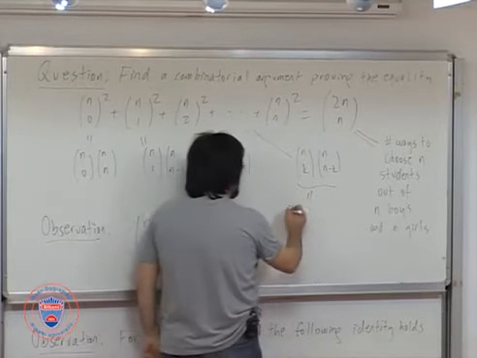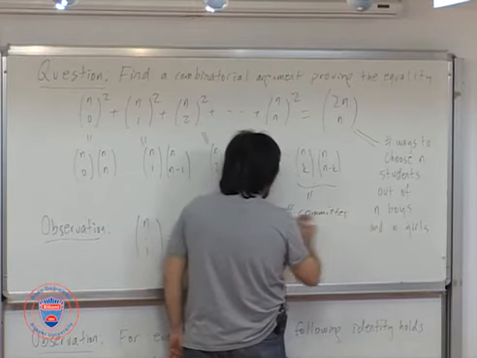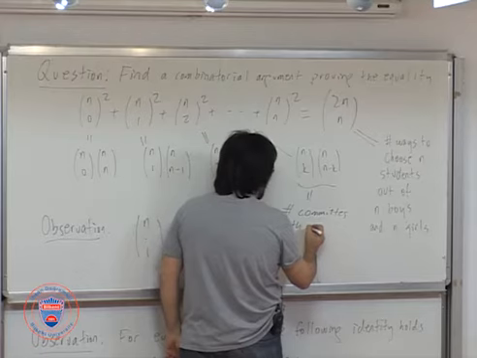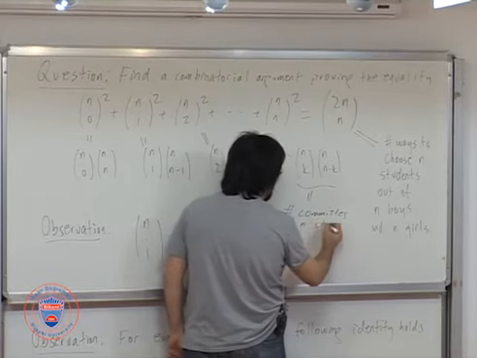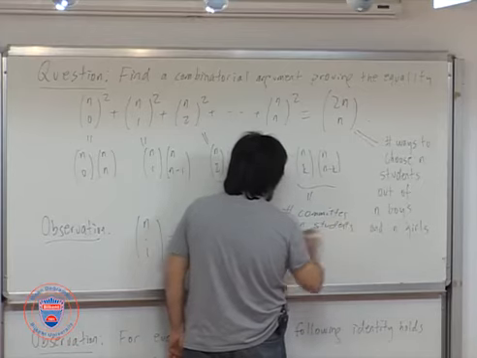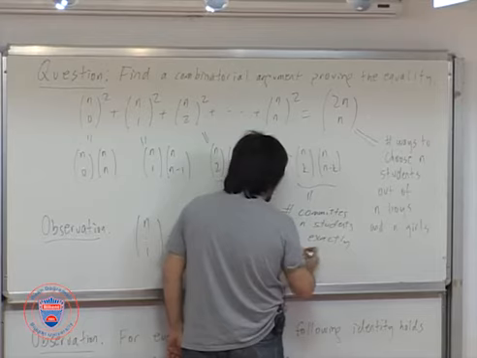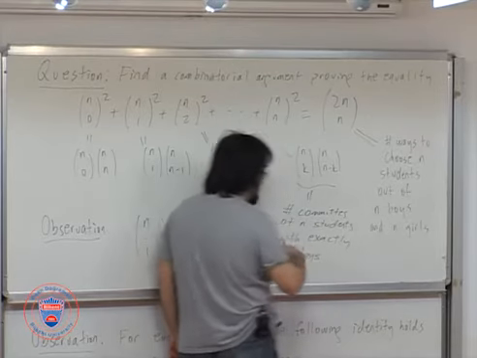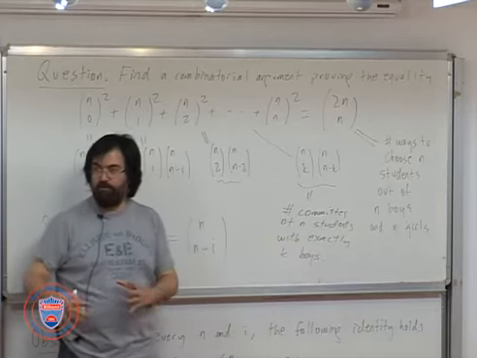But each of these terms is the number of committees of n students with exactly k boys. If you choose k boys, you're choosing n minus k girls for the committee.